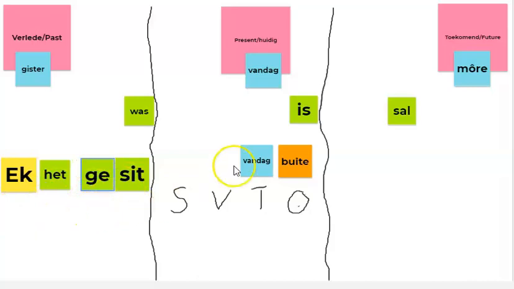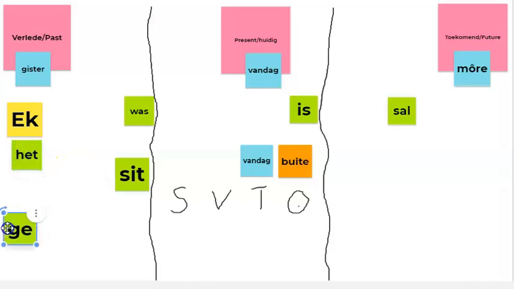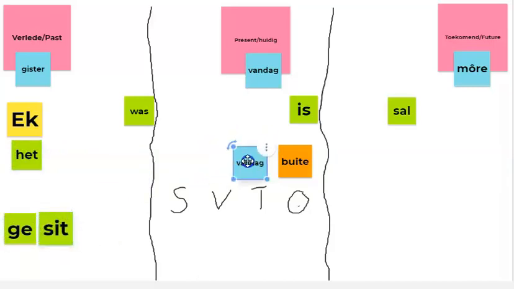Ek het gesit. But don't forget that we still have two other words. So let's have a look at what happens here. Just to make it easier, because I don't have a lot of space, I'm going to write the sentence from top to bottom. Ek het gesit. That's one word, so I'm keeping them together. Vandag runs back.